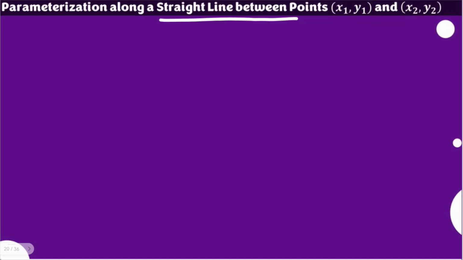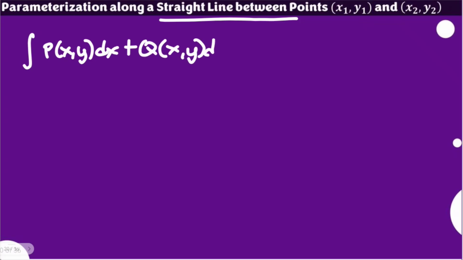Let's not forget that for our given function defined as p of x,y dx plus q of x,y dy along your certain path C, in this case a straight line, we have the same formula for all.